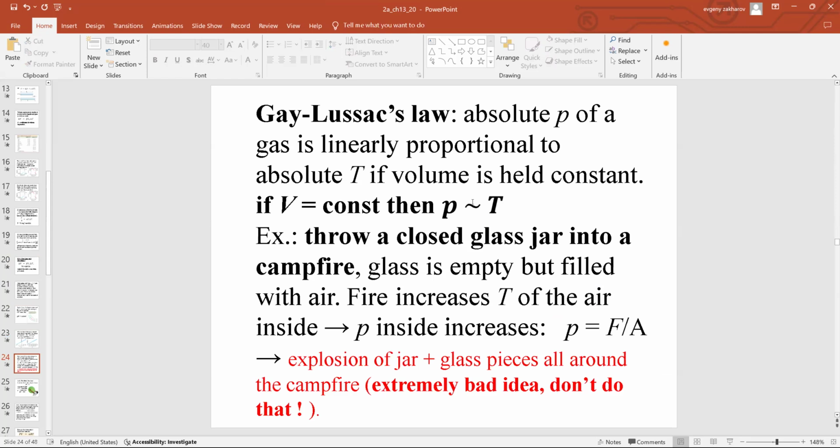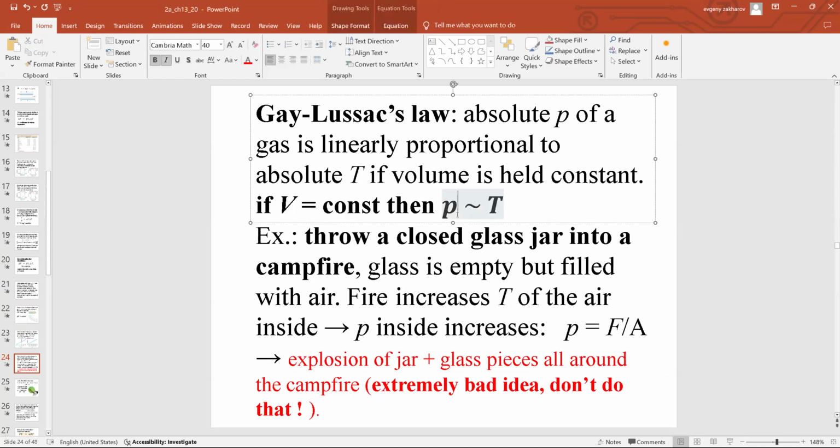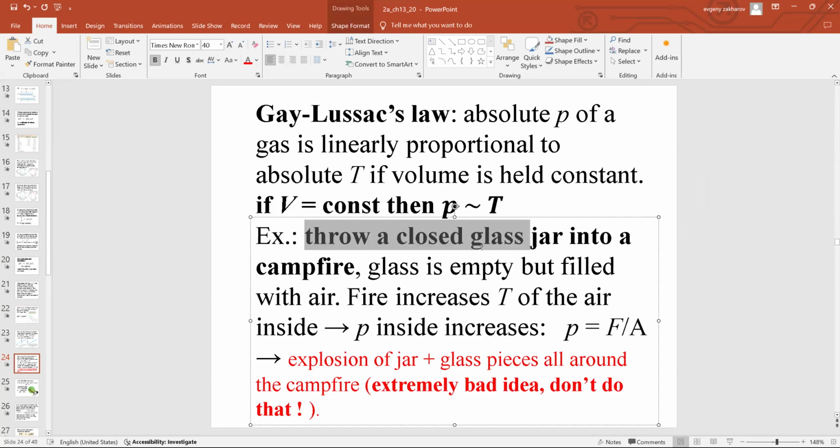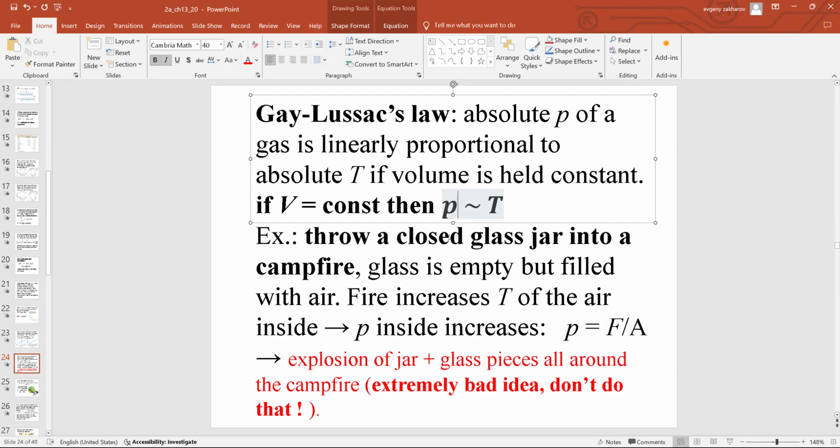And then Gay-Lussac's law, when you have constant volume, and then pressure and temperature also have a linear connection: the more the pressure, the more the temperature. So keep that in mind every time you throw a closed glass jar into a campfire. Please do not ever do that because it's going to explode. Why will that explode? Well, because when you throw something into a campfire, temperature is going to increase. Increase in temperature, increase in pressure. So the air inside that glass jar will experience an increase in pressure.